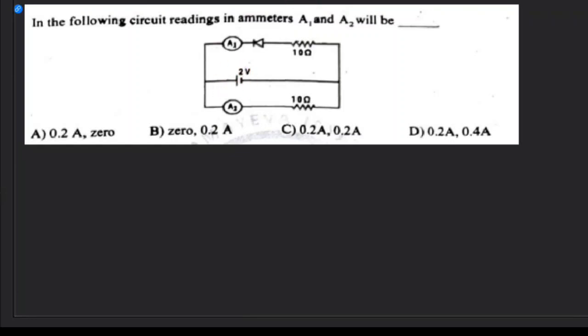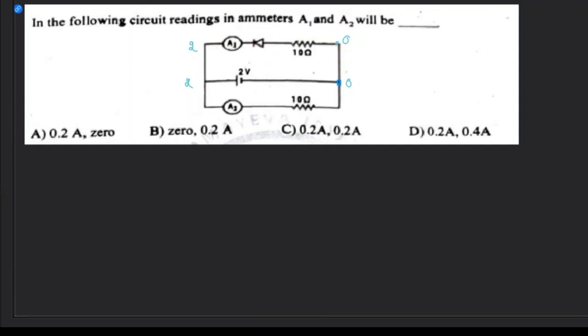This is a 2 volt battery, and on the negative terminal side the voltage is 0, and on the positive terminal side the voltage is 2 volts. Now at this point also the voltage is 2, and at this point the voltage is 0, right? You know in these diodes the straight line indicates N type and the triangle indicates P type. So now N type is connected to high voltage and P type is connected to low voltage.